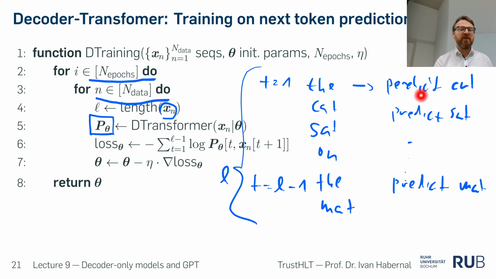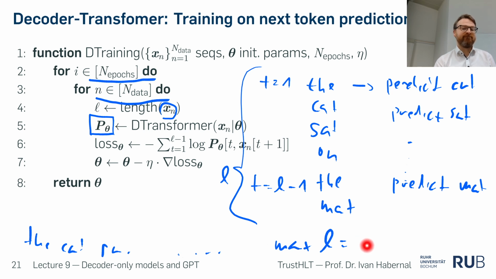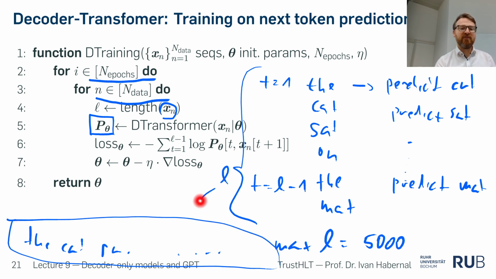Okay, so we chunk the sequence and put in every substring. No, you don't put in all the substrings. If you put in a sequence like "the cat sat" and so on, the full context, so if the transformer's maximum input length L were 5,000, you would put 5,000 tokens here. And then it will immediately learn for each length automatically.